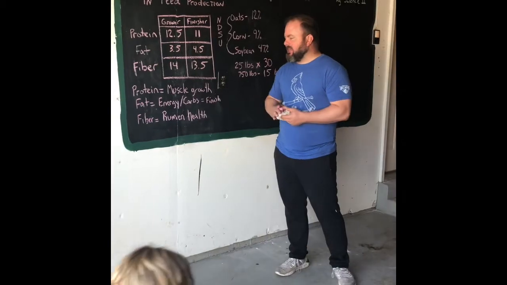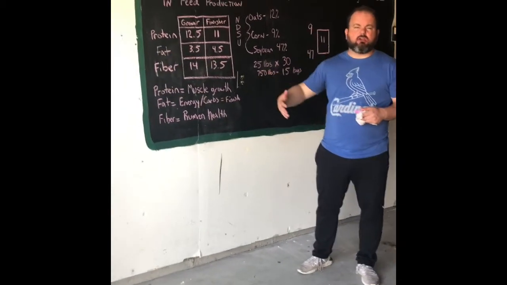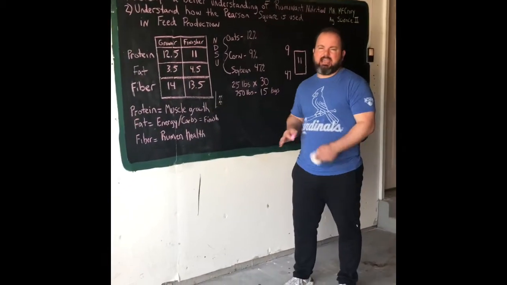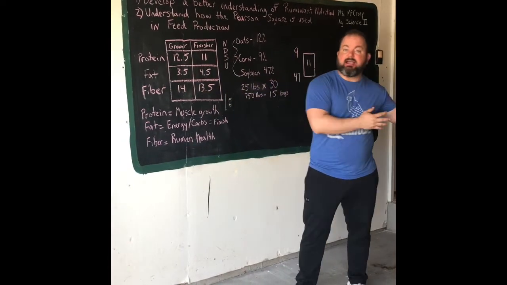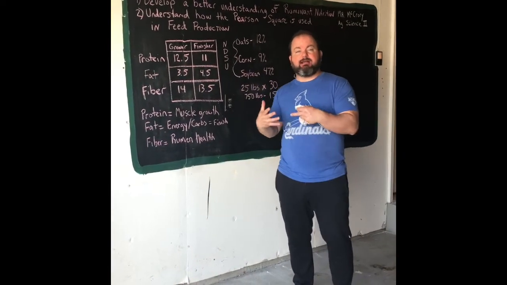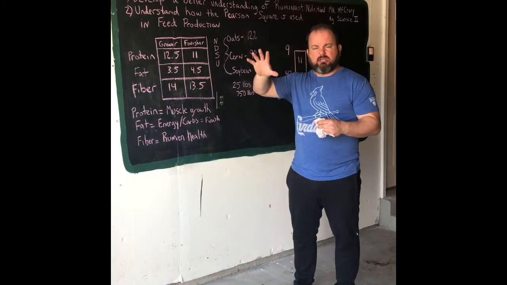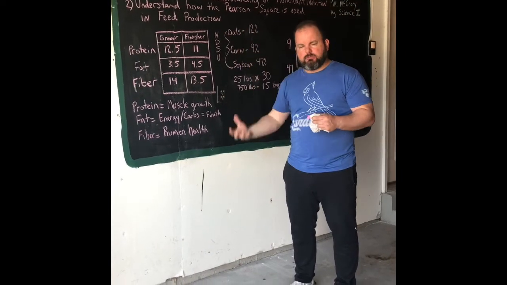All right, fat content. Fat is energy. Also carbohydrates, okay? And fat will help put finish on a calf. I always say a calf will get fat from the front to the back. Their brisket will fill out, and then they'll get some more cover over their chuck and ribs, and then they'll get some pones and cod.